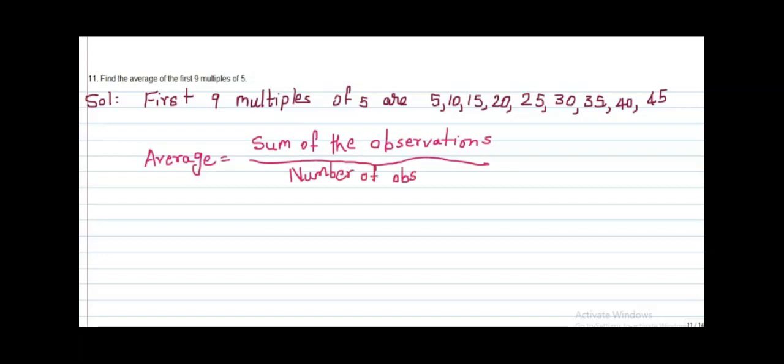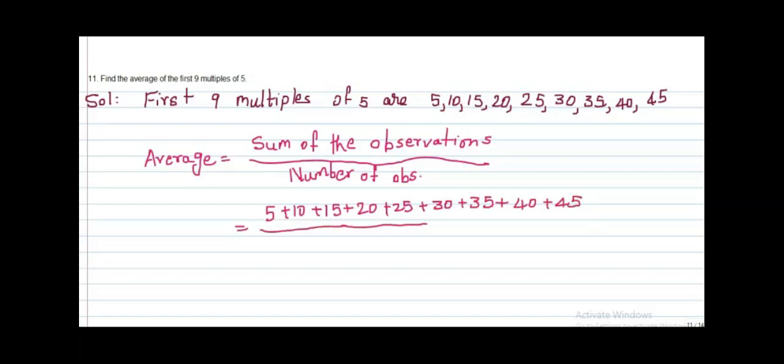So we need to find out the sum of all these 9 multiples of 5. So it's going to be 5 plus 10 plus 15 plus 20 plus 25 plus 30 plus 35 plus 40 plus 45 whole divided by 9.